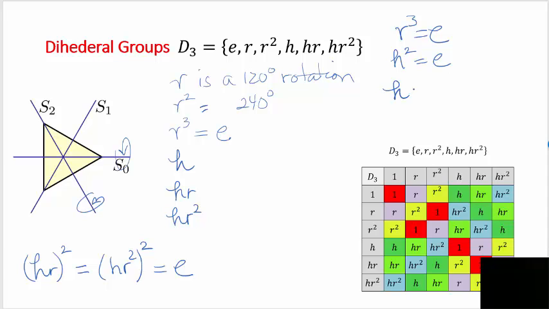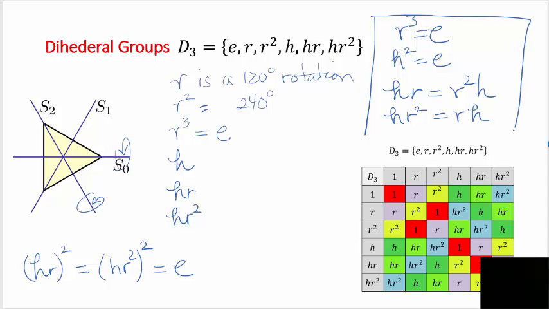You also need to know that hr is equal to r squared h. And hr squared is equal to rh. And given these 4 calculation rules, you can do any calculations in D3.